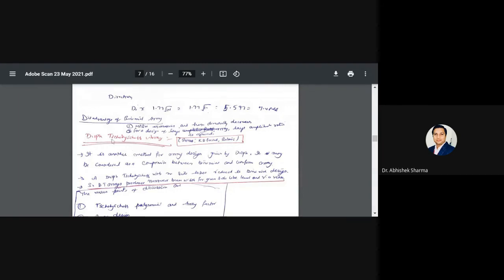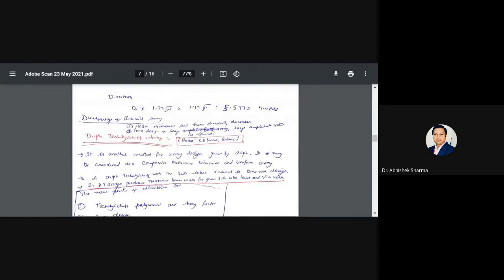So this is another method for array design given by Dolf. This method is a compromise between binomial and uniform array. Because we know there is a trade-off between half power beamwidth and the side lobe.